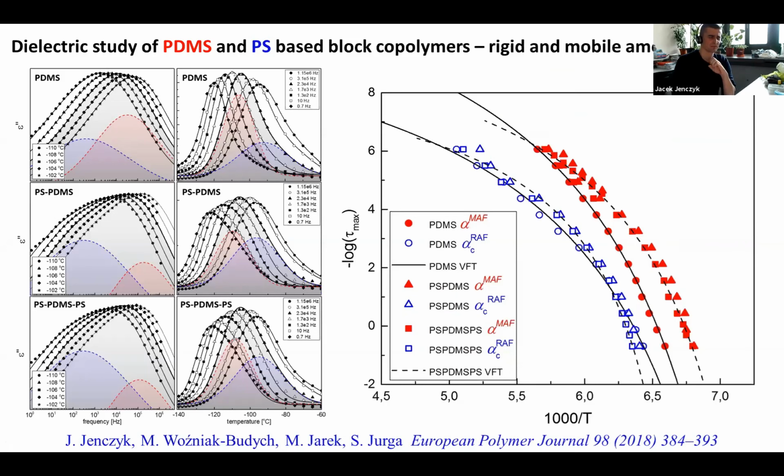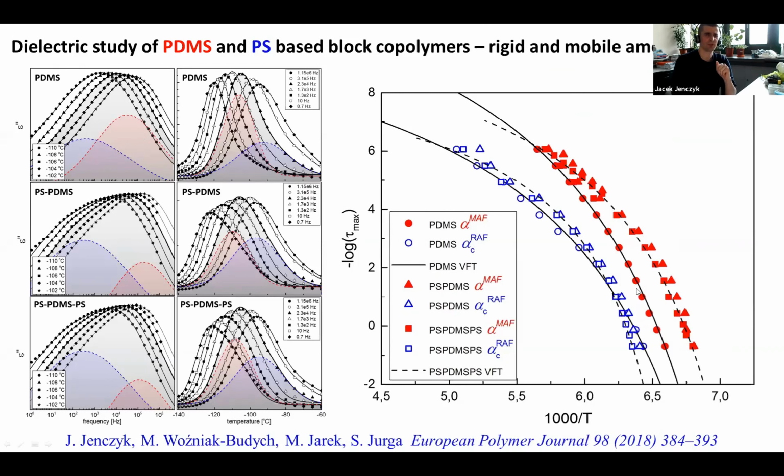So we observe the local reorientations taking place within that polymer chain, and we could distinguish that there are two different fractions. One is assigned to the mobile amorphous fraction and the other to the rigid amorphous fraction.